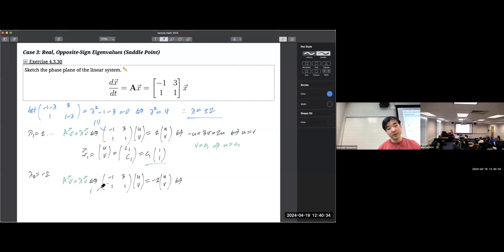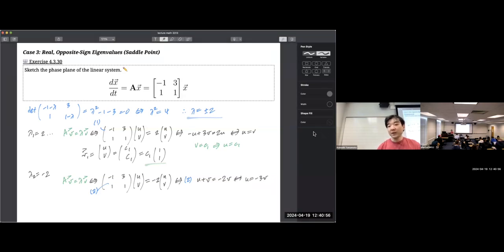So it's u plus v is equal to negative 2v. You can move the v to the other side, which makes u equal to negative 3v.